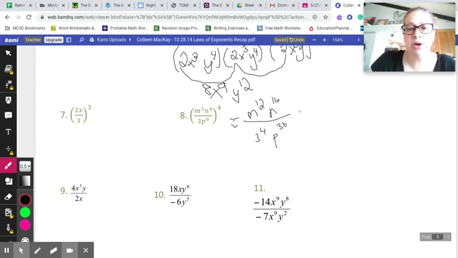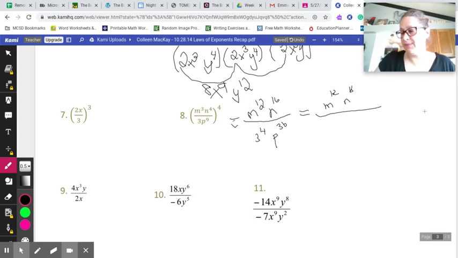Okay, so now we're going to reduce, which we really can't do a whole lot of, because you see that there's an M and an N up at the top, and there's a P down the bottom, so they can't reduce each other. But I can simplify the 3 to the fourth. Get out my trusty calculator.